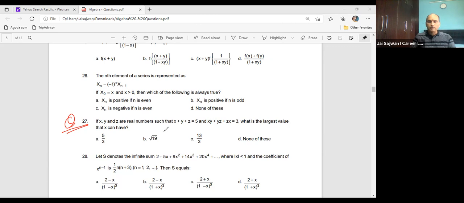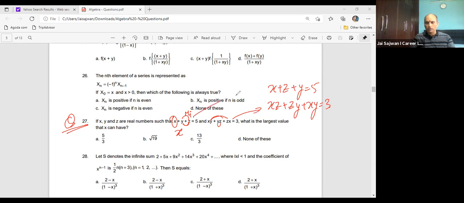So what is the largest value x can have? I want it to be largest, so these two will be minimum. Now if I change it, if you interchange y with z here, what is the value that you are going to get? x plus z plus y is equal to 5. यहाँ रखोगे तो xz plus zy plus xy is equal to 3.